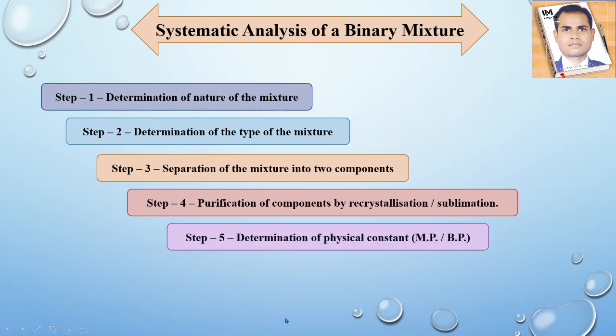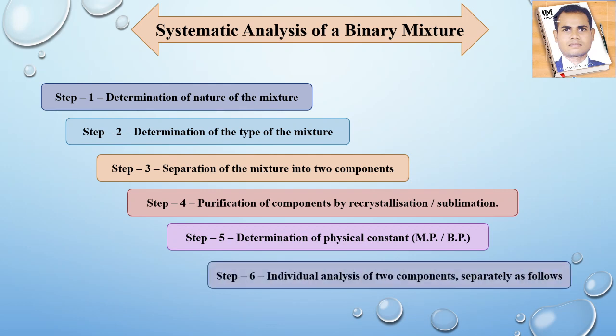And the fifth step is determination of physical constants. In this step, you take the melting point or the boiling point of that organic compound, so we can determine the physical constant. Now in the sixth step, individual analysis of the two components separately.